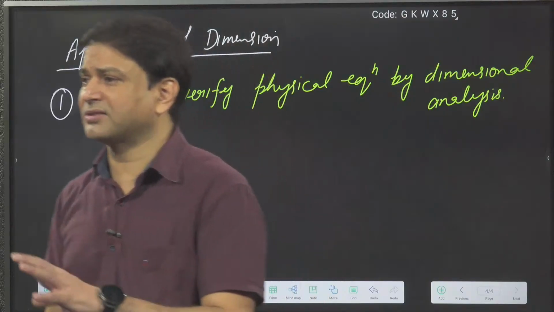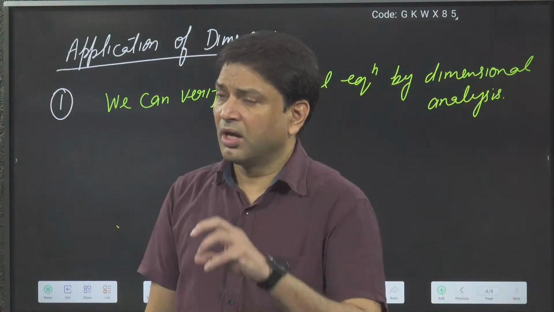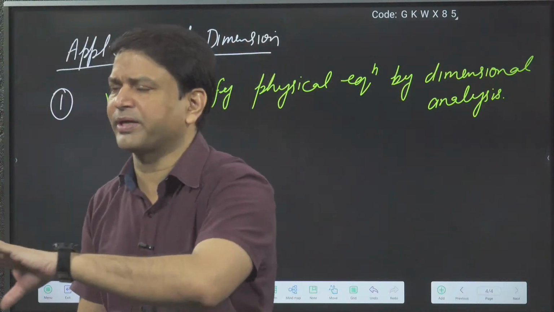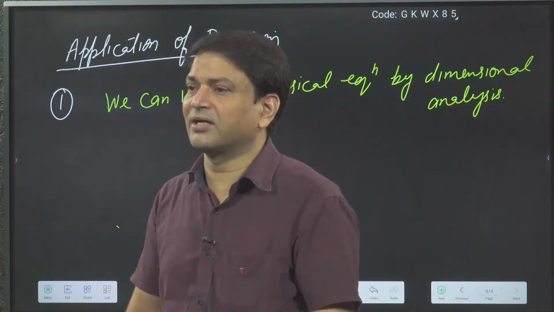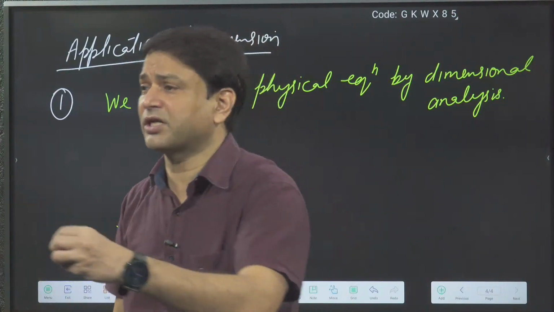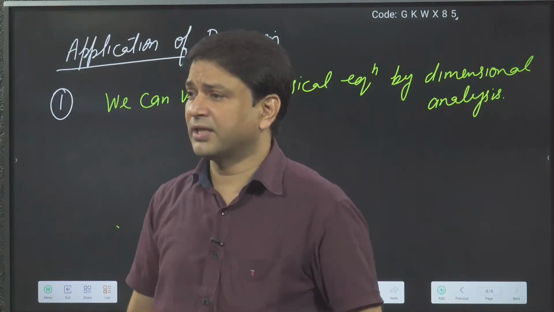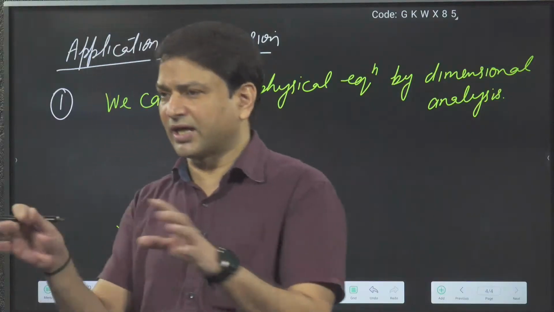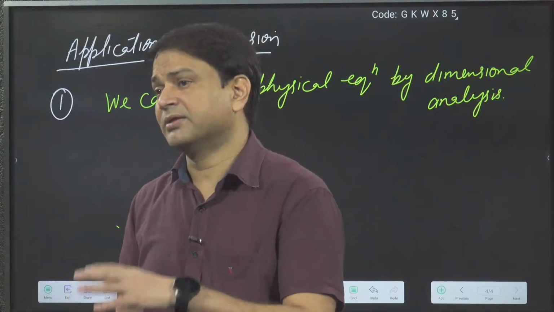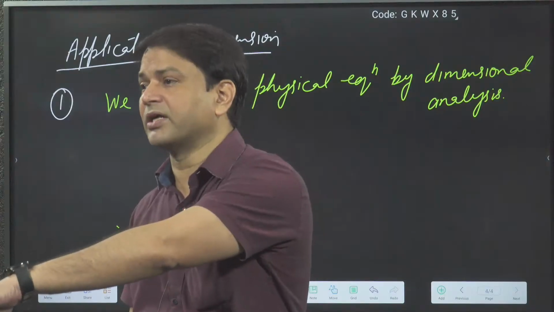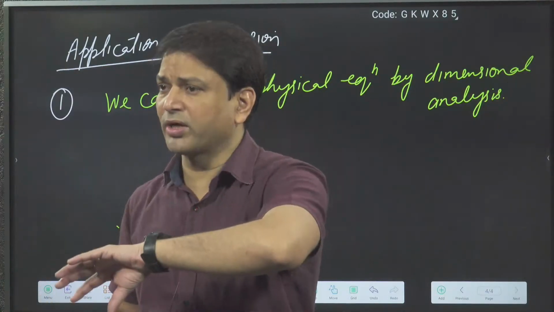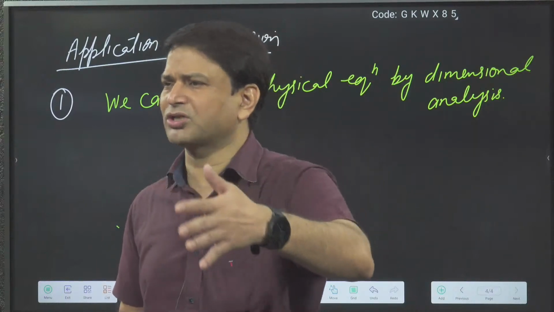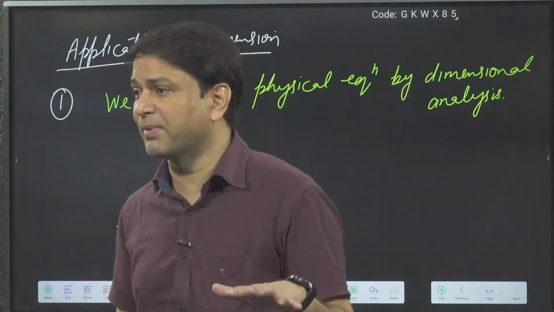So if any equation passes the dimension test, then it may or may not be correct, because constants, trigonometric functions and exponential functions we cannot verify using dimension.